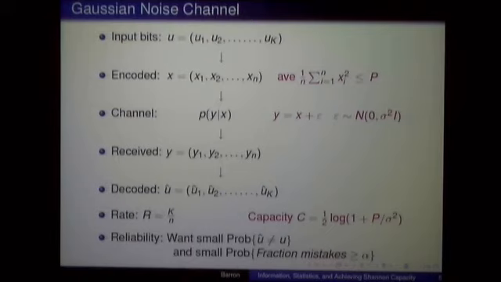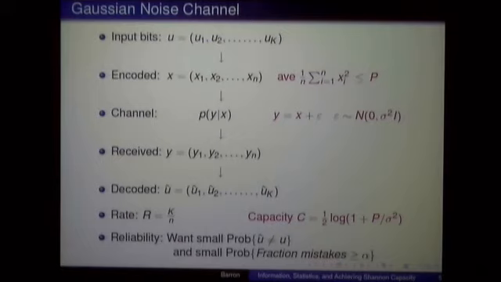You can convince yourself that that doesn't change the capacity. Okay, but it does mean some of your code words might be of higher power. In the long run, if you're blocking this n and then the next n and the next n, the long run average power use will still be not more than p. So you may need a little bit of bursty power capability, but in the long run it has to still average to p.